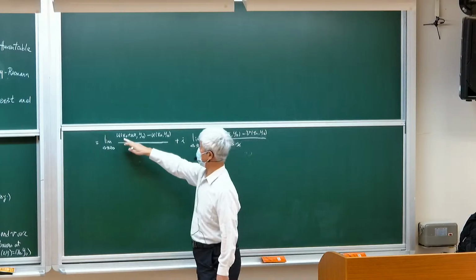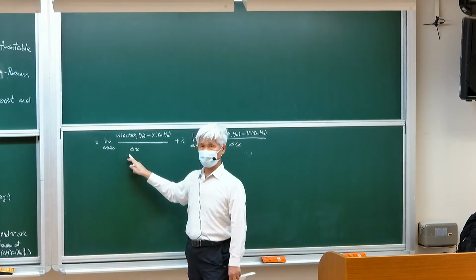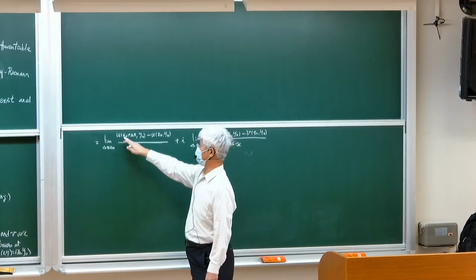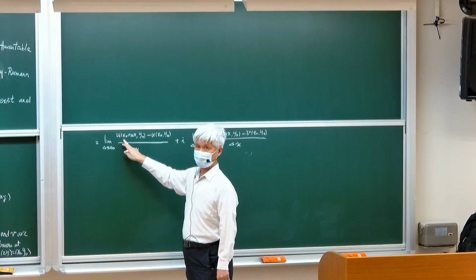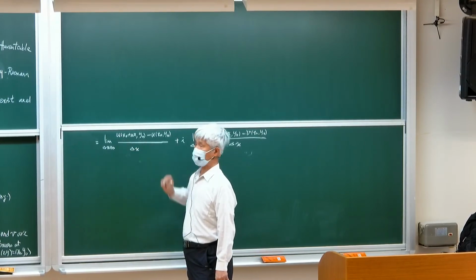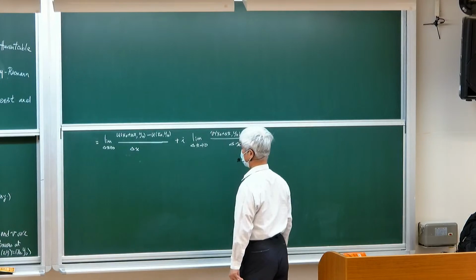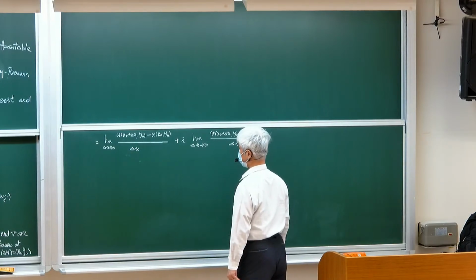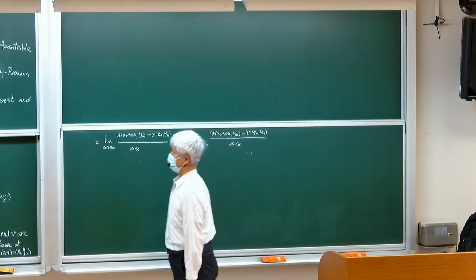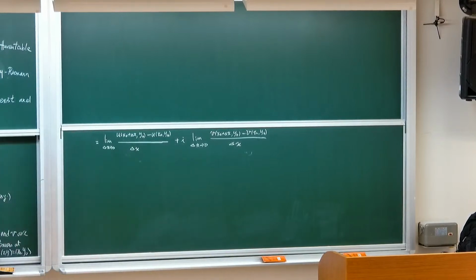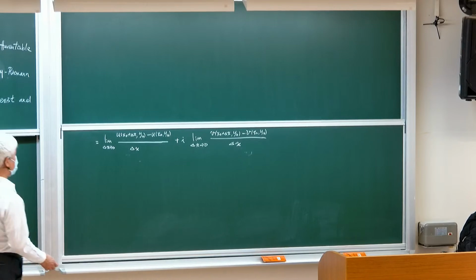But the limit of this ratio is just the partial derivative of u with respect to x, because they are equal to this one.